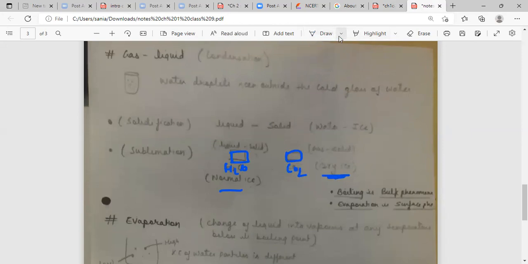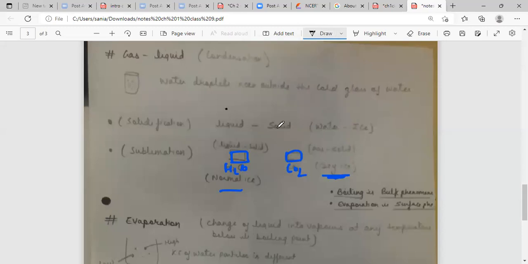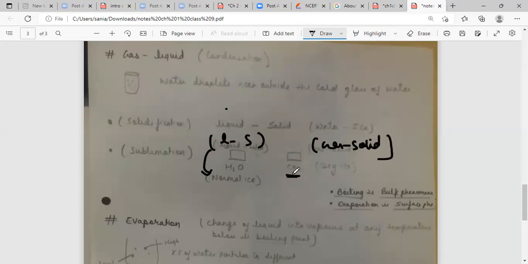And above you can write: when liquid gets converted into solid, it forms normal ice, which is H2O. And when gas is converted into solid, that gives you dry ice. Okay. Yes, ma'am.